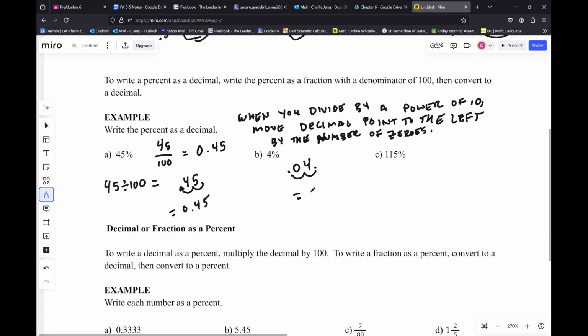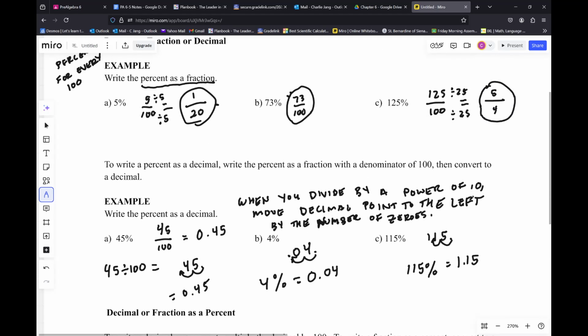So 4% is equal to 0.04. And 115%, that is 115. The decimal point is right here, at the end of that whole number. Any whole number has a decimal point at the end of it. We're going to move this 2 spaces to the left right there. So 115% is equal to 1.15. Okay, so that's pretty much it for that.